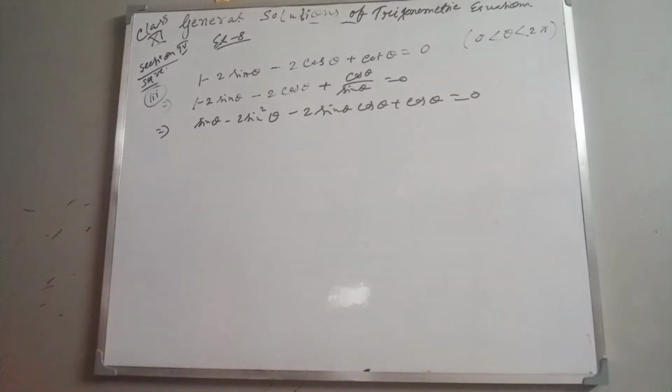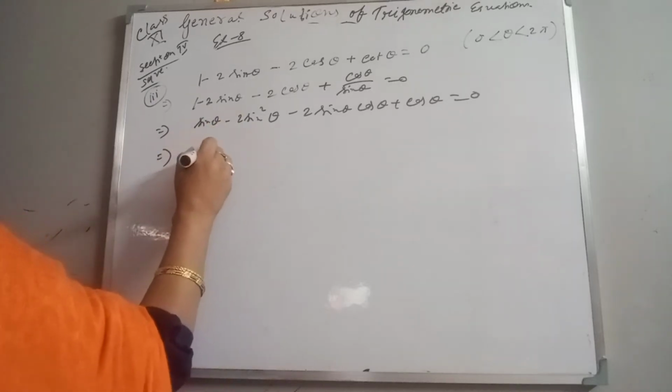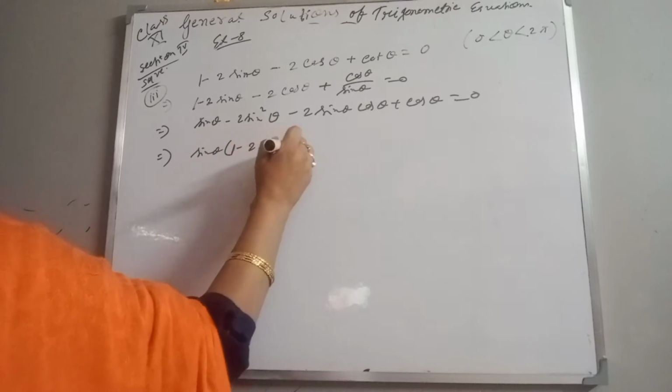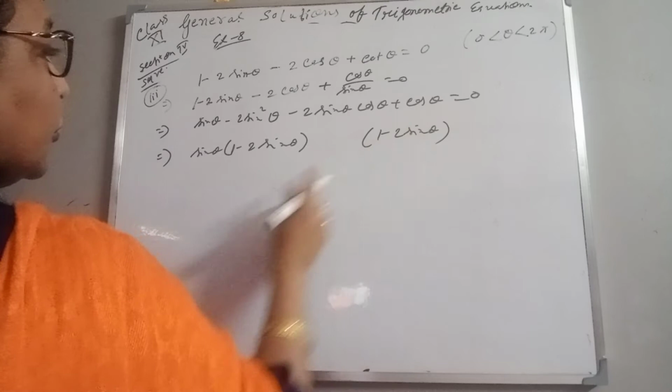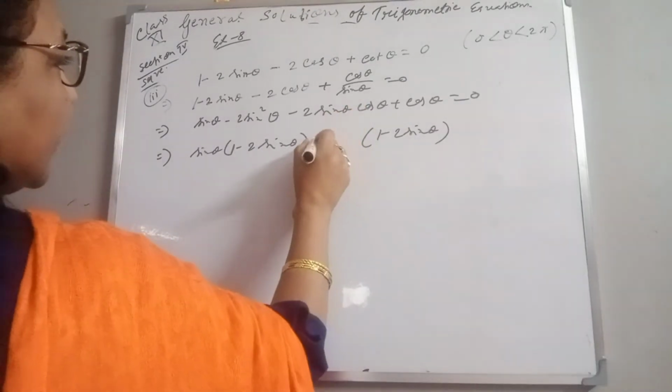Now we will factorize and we will form the factors. Sine theta and 2 sine square theta, we can take common sine theta and we will get 1 minus 2 sine theta. And here also we can take common 1 minus 2 sine theta, and as it is cos theta.